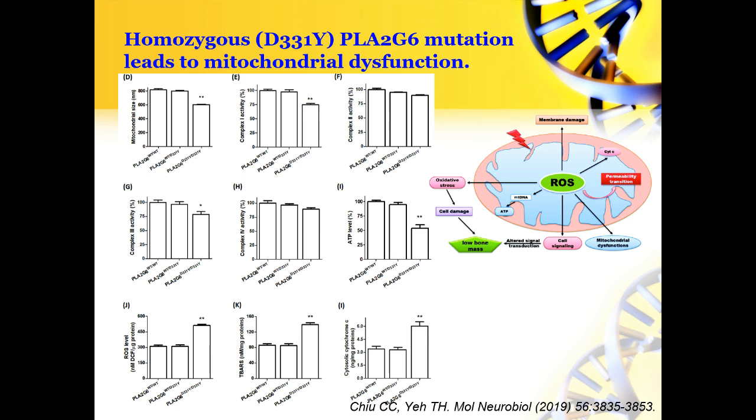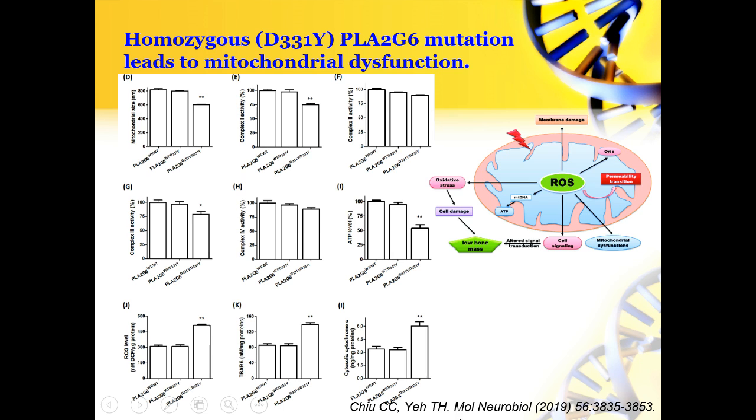Compared to wild-type mice, the size of mitochondria was decreased in the substantia nigra of homozygous D331Y Parkin mice. The activity of mitochondrial complex 1 and 3 was significantly decreased in the substantia nigra of Parkin D331Y homozygous knock-in mice as compared with wild type.